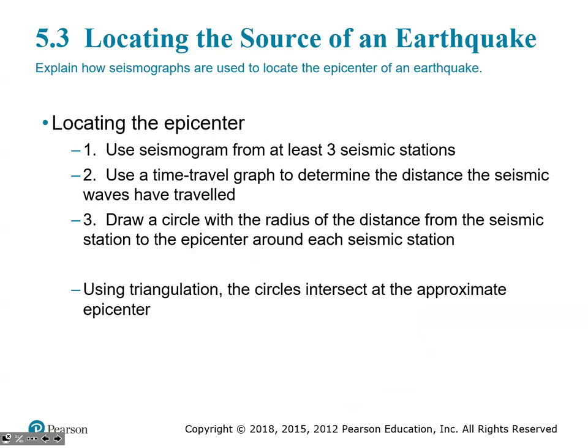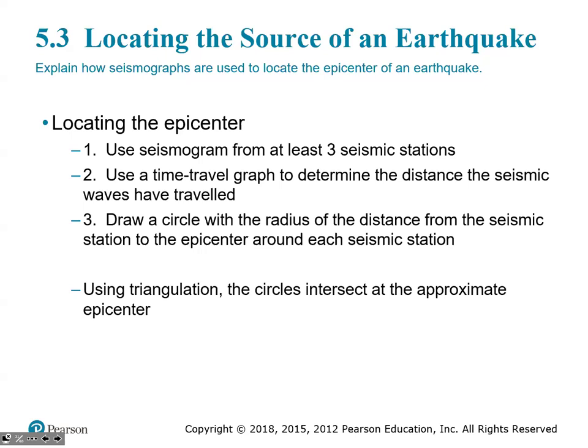Now, because waves travel at different speeds, we can use this to actually locate where earthquakes occur. If we have 3 seismic stations that have recorded the same earthquake, each one will have a P wave and then an S wave later.